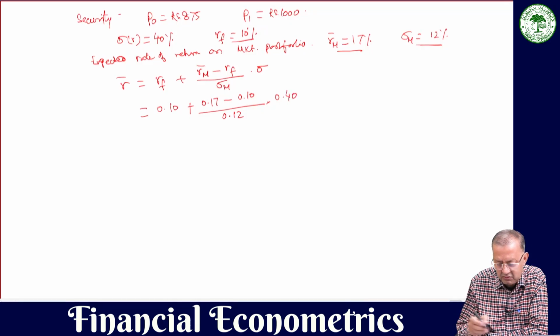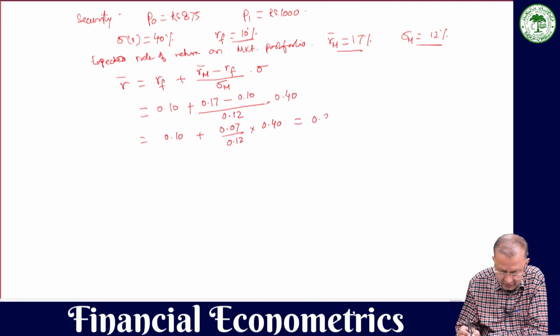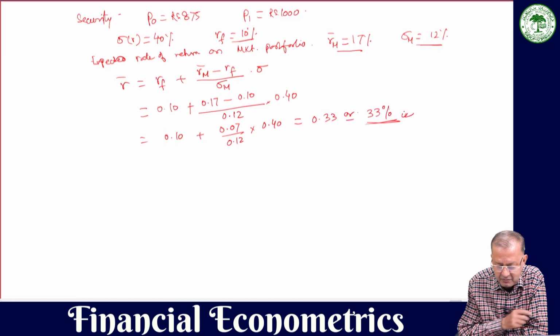If you do the calculation, this is equal to 0.10 plus 0.07 upon 0.12 into 0.40. This comes out to be 0.33, or we may call it 33% with this formula.